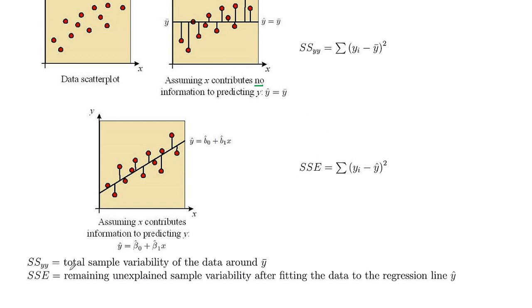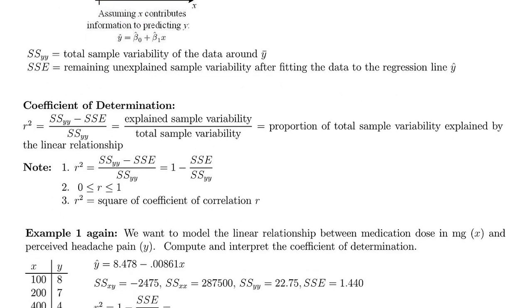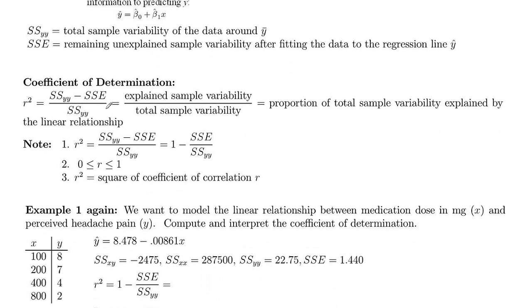So SSYY is your total sample variability around y bar, whereas SSE is the remaining unexplained sample variability after you fit the data to the regression line. So we're contrasting those two cases. So then for your coefficient of determination, you take SSYY, there's more error there, and subtract off SSE.